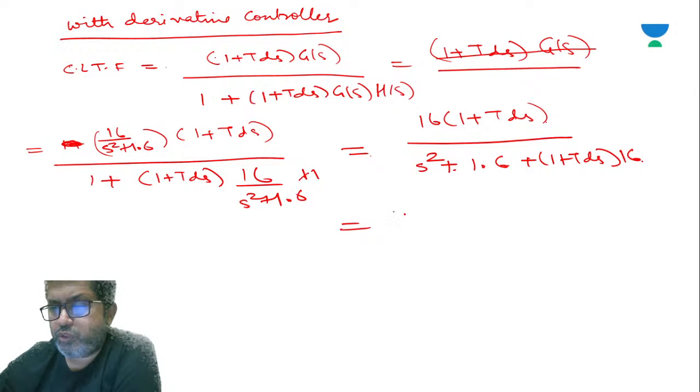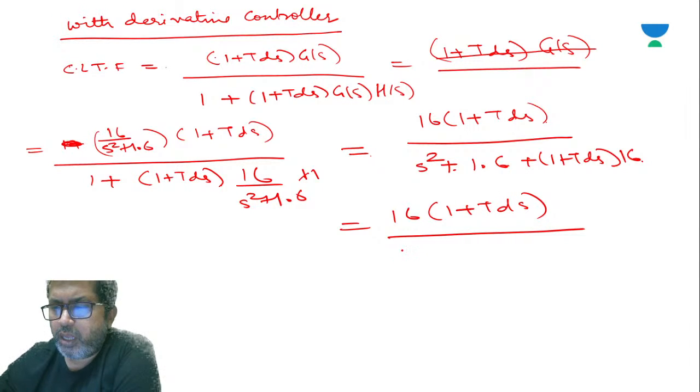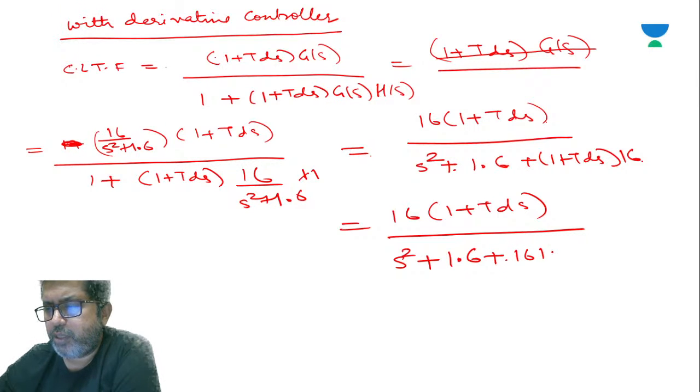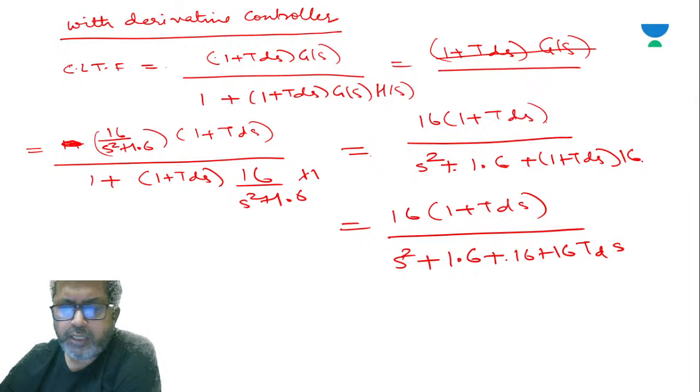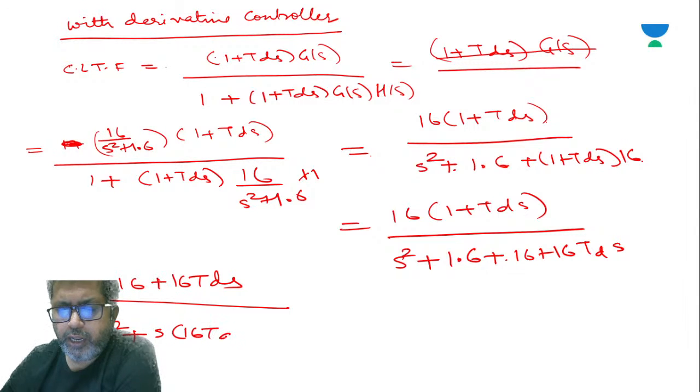That is equal to 16 plus 16 TDS divided by S square plus S into 16 TD plus 17.6.